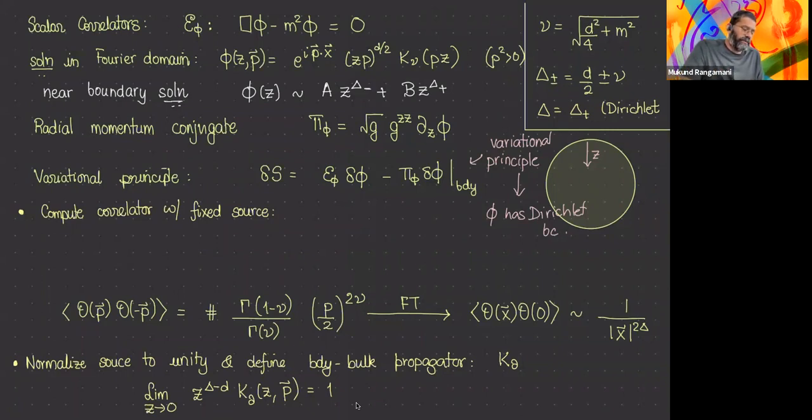I now need to ask, which part of the field do I need to freeze? This is where the Euclidean problem is much nicer, because the Euclidean geometry is topologically a ball. So the solution needs to be regular everywhere inside the ball.